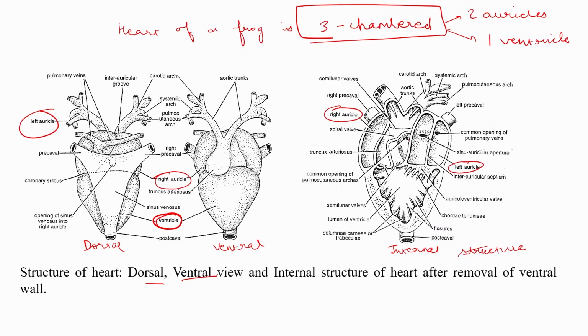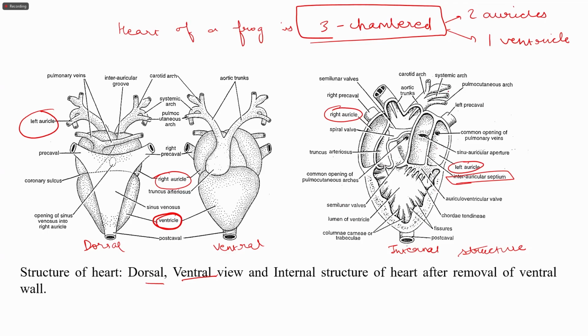The auricles are separated from each other with the help of the interauricular septum. This septum creates a partition between the two auricles, and then we have a lower structure, the ventricle, which is common.